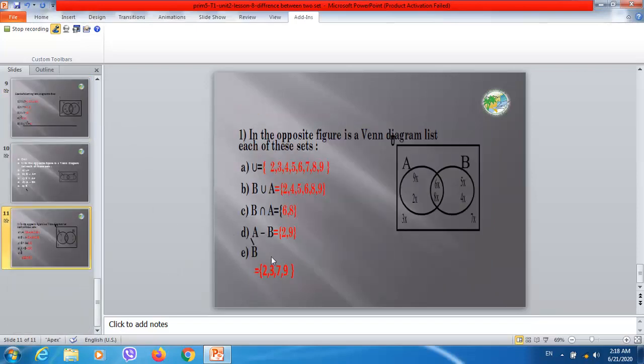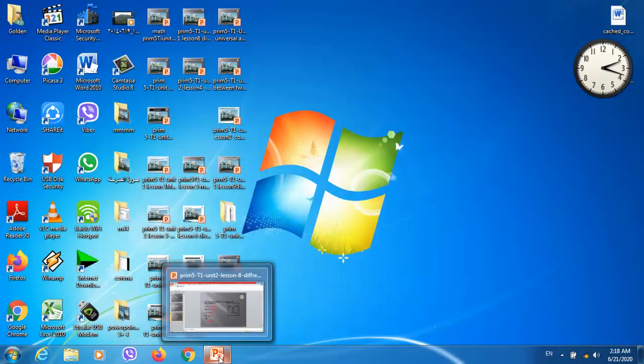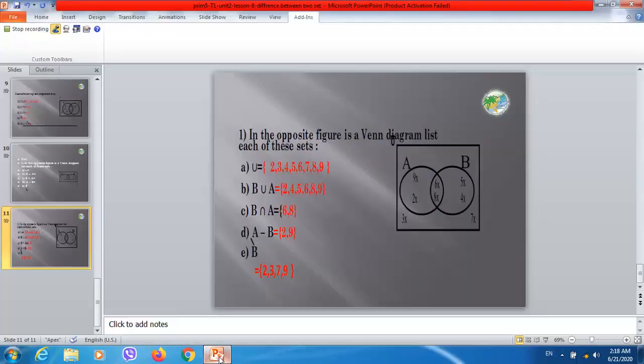What is the meaning of B complement? 9, 2, 3 and 7.